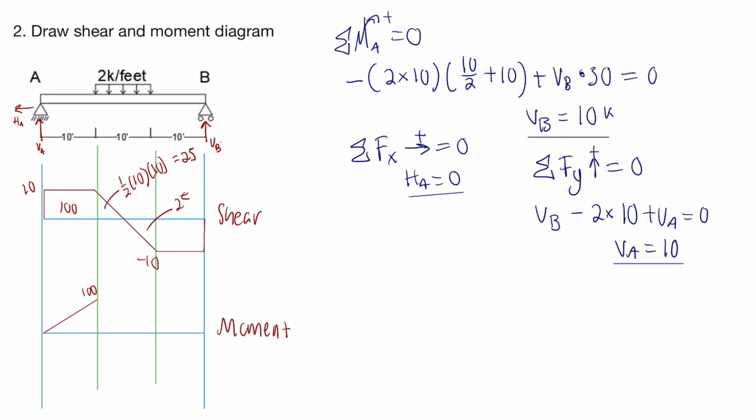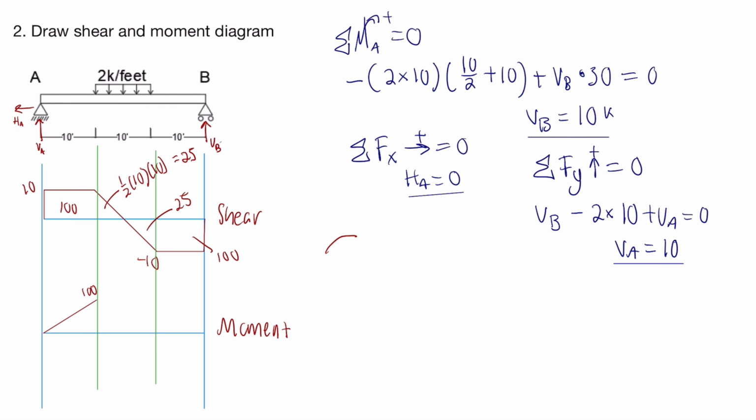And this also has an area of 25, which is negative, and it also has an area of 100, which will be negative. So since this line here is linear, that means that for the moment it will be parabolic. So once again we see that the area is decreasing as we move to the right. So that means that the slope has to be decreasing as we move to the right for when we draw the parabolic curve.